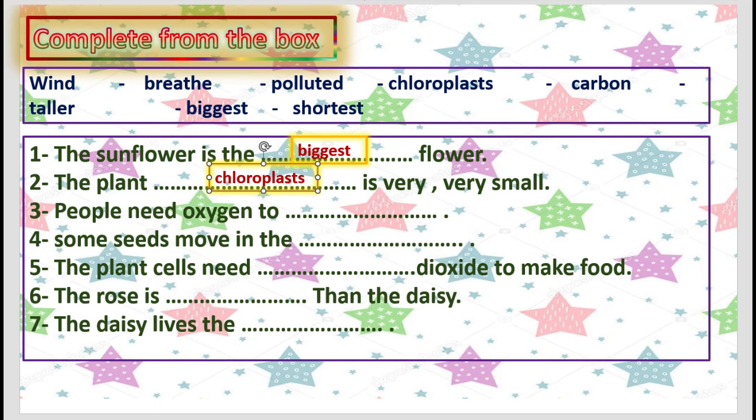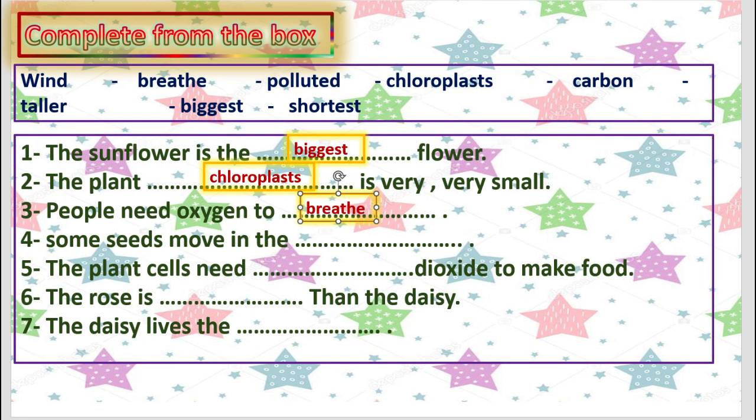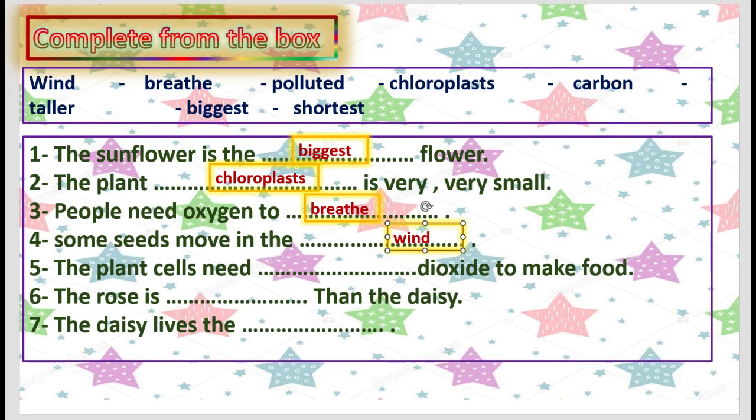Chloroplasts. Number 3. People need oxygen to breathe. Number 4. Some seeds move in the wind. Number 5.